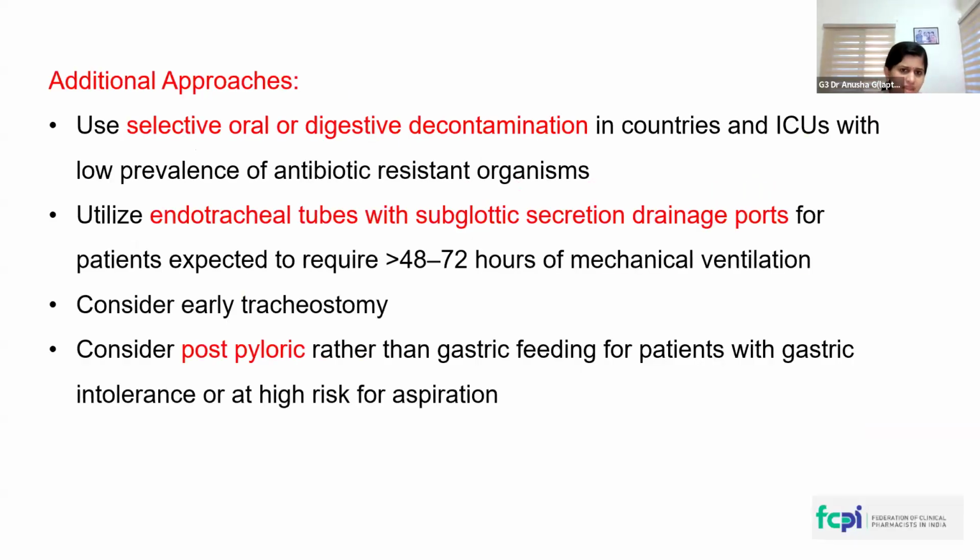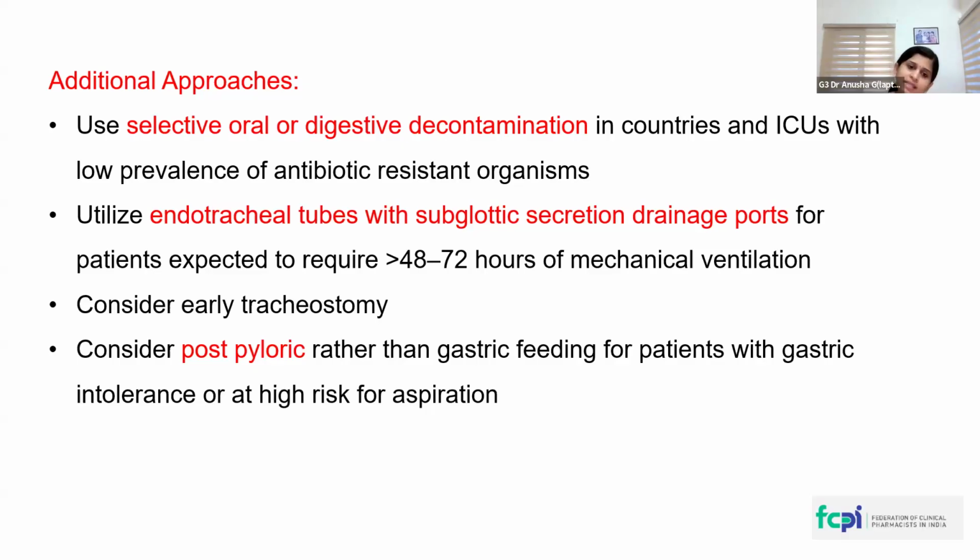What are the additional approaches to prevent ventilator associated pneumonia? One is you can use selective oral or digestive decontamination. Or you can utilize ET tubes with subglottic secretion drainage ports. This is especially advised if you think that the person is going to be on the ventilator for more than 2 to 3 days.